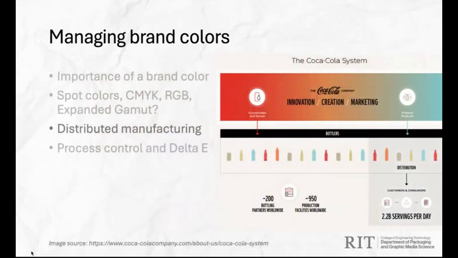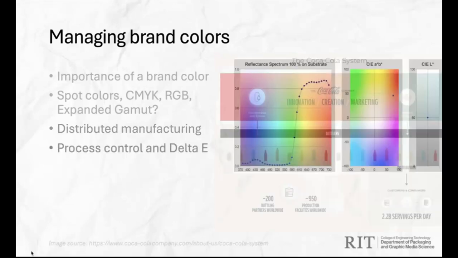So color standards are essential for distributed manufacturing when printing is conducted at multiple sites in multiple locations and countries, such as Coke packaging. Brand colors, whether spot colors or screen builds from CMYK, should be specified using colorimetric or spectral data, and the printer must measure to ensure a color match within a reasonable level of tolerance.